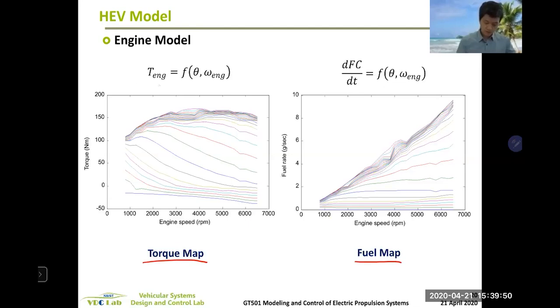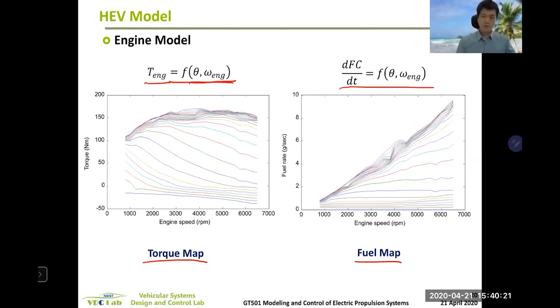And engine torque has this nonlinear map, which is a function of speed and throttle. Okay, and fuel consumption rate is also a function of theta and engine speed. But again, remember, the engine map is a static map.